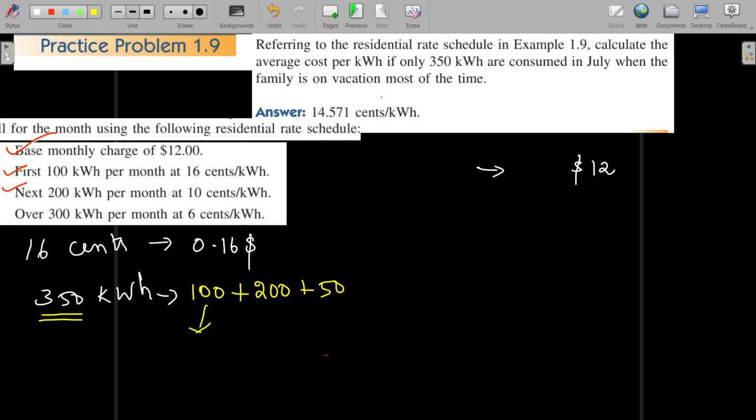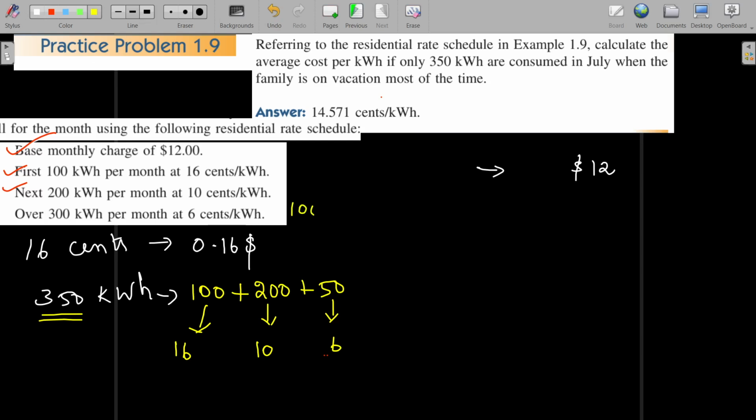So for the first 100, the rate is 16 cents per kilowatt hour, for the next 200 it is 10 cents per kilowatt hour, and for the remaining it is 6 cents. On this basis we have to calculate.